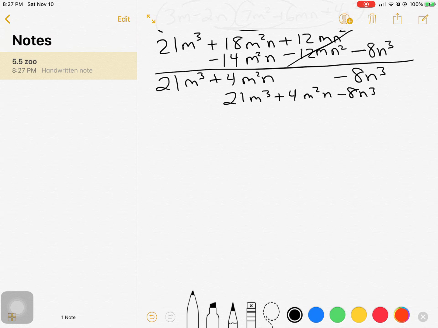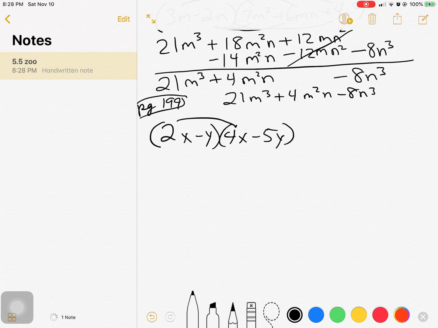And I wanted to mention for 5.5, they bring up FOIL, but let's give you a problem. This is on page 199, by the way. 2x minus y times 4x minus 5y.